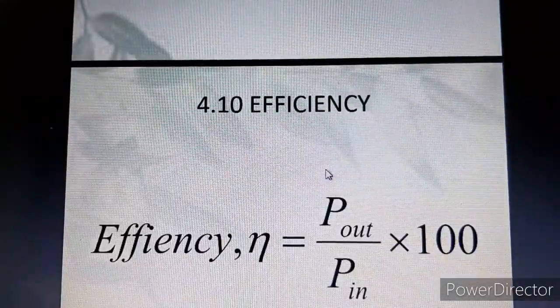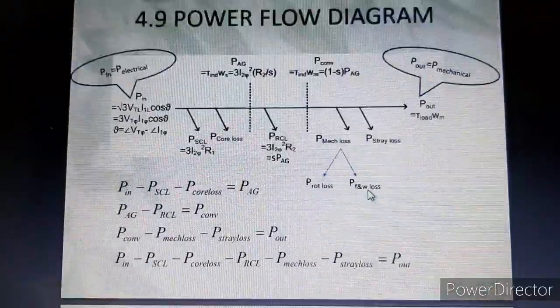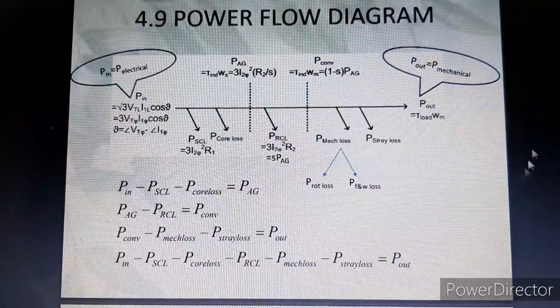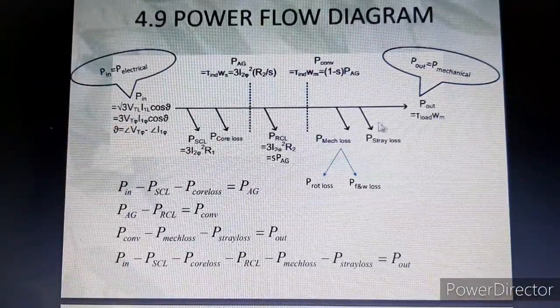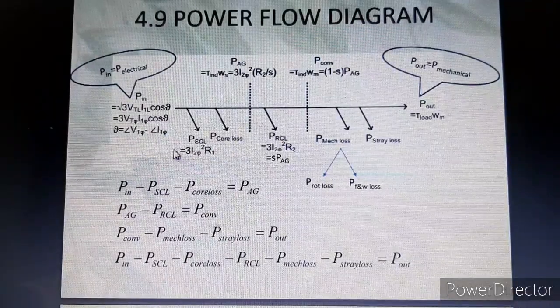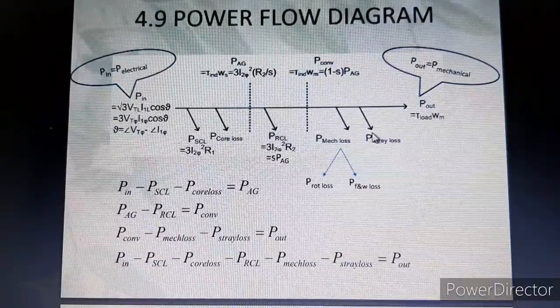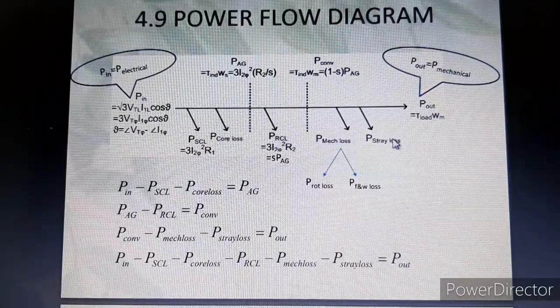Okay, so that P out and P in, you should be able to get them from this power flow diagram. But take note that if you can calculate using the given formula here, do calculate. That is the first rule.